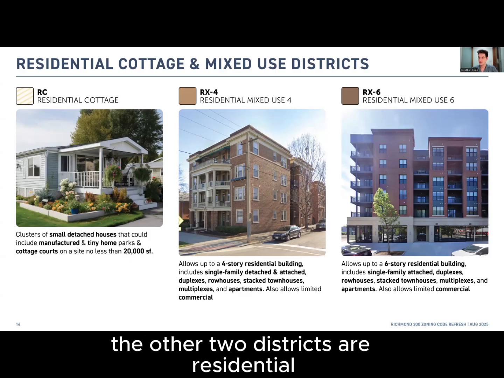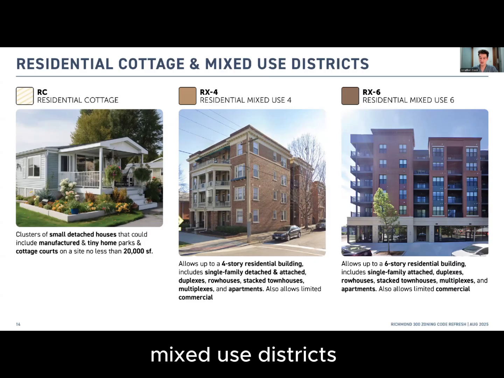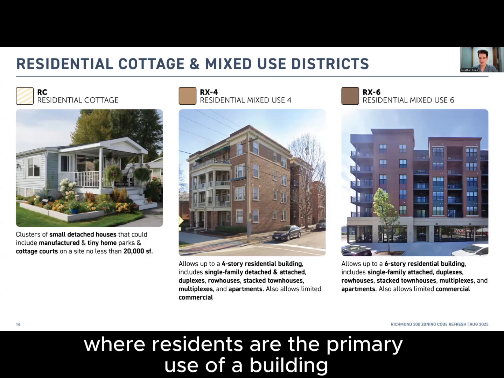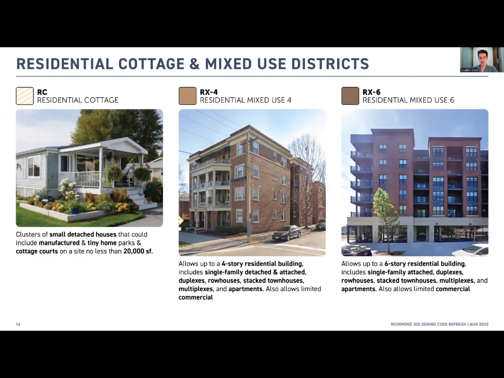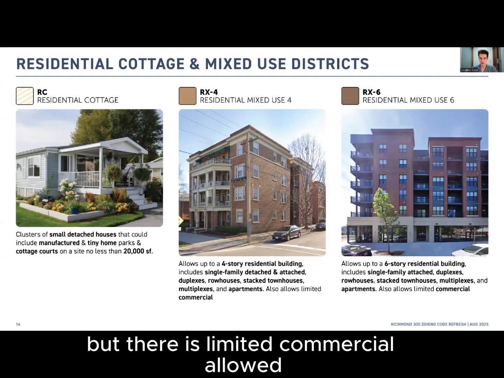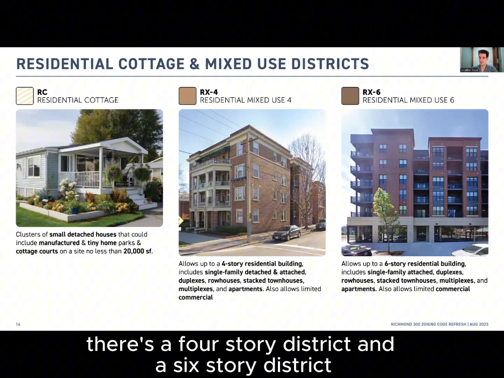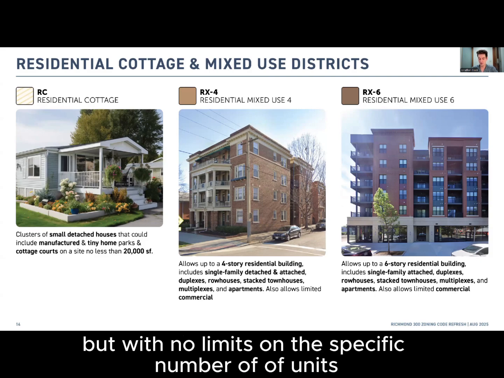The other 2 districts are residential mixed use districts, where residents are the primary use of a building, but there is limited commercial allowed. So respectively, there's a 4-story district and a 6-story district, but with no limits on the specific number of units.